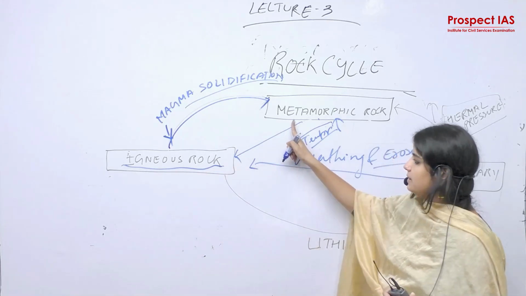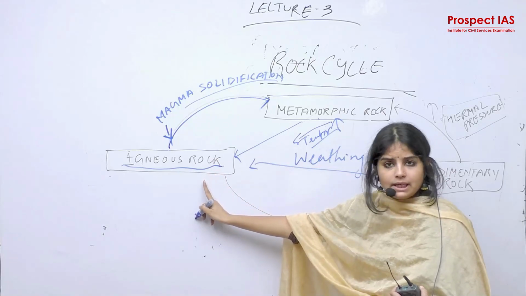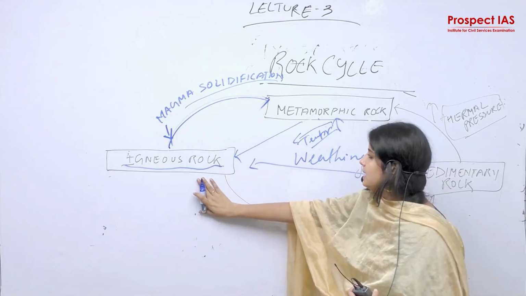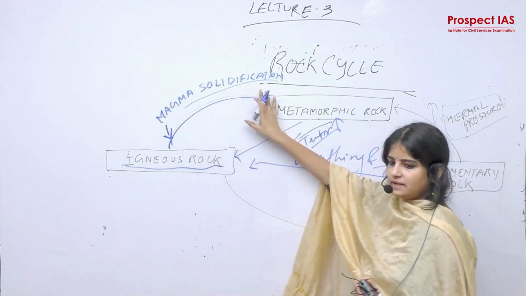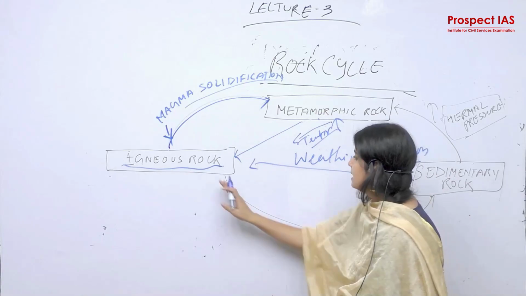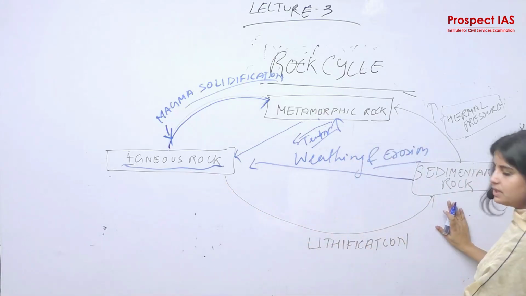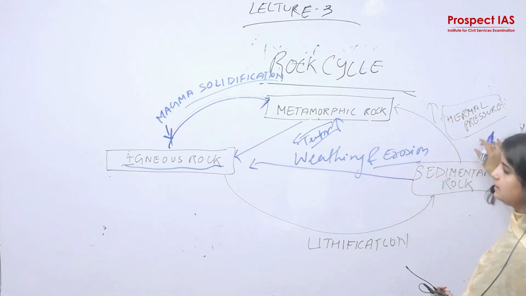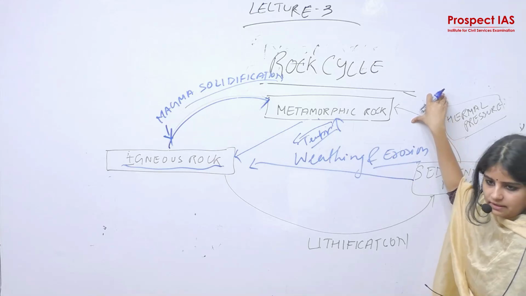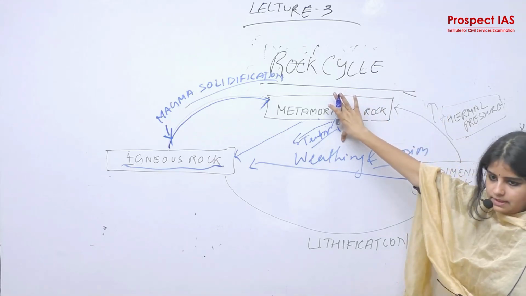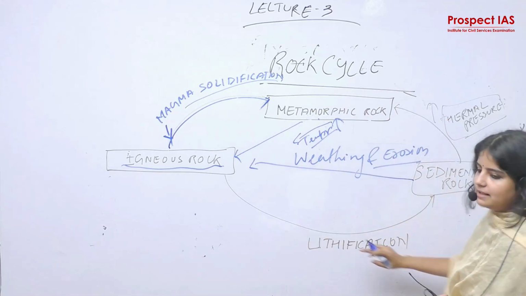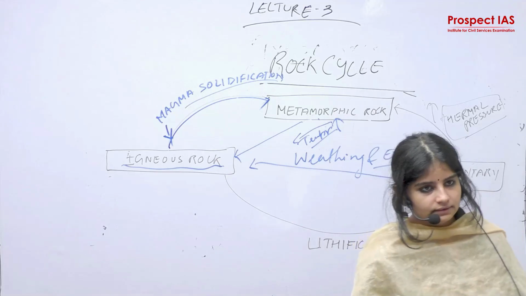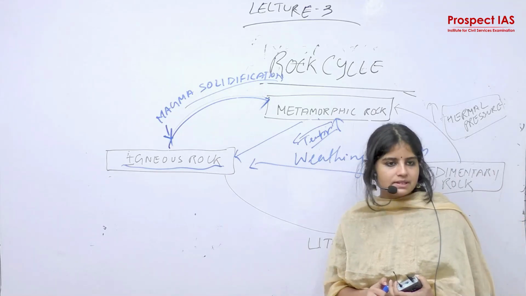Then again it will convert into igneous rock, right? So this is how metamorphic changes into igneous. Igneous changes to metamorphic with magma solidification or some other aspects. Sedimentary, lithification. Sedimentary to metamorphic, again temperature or thermal pressure changes or any other change of geophysical activity, then it is in the metamorphic process. So is this cycle interrelated with each other? Clear, Divya? Online students, clear with the rock cycle?